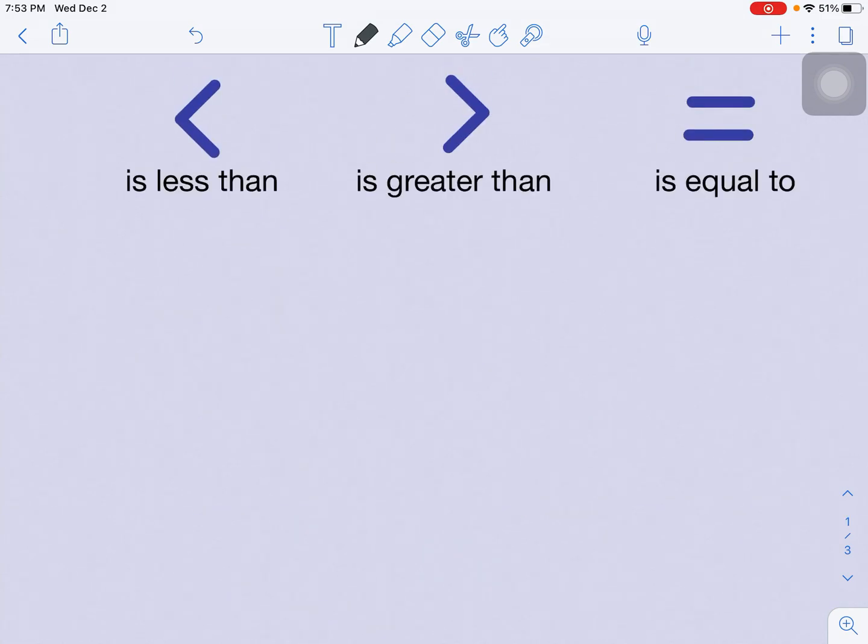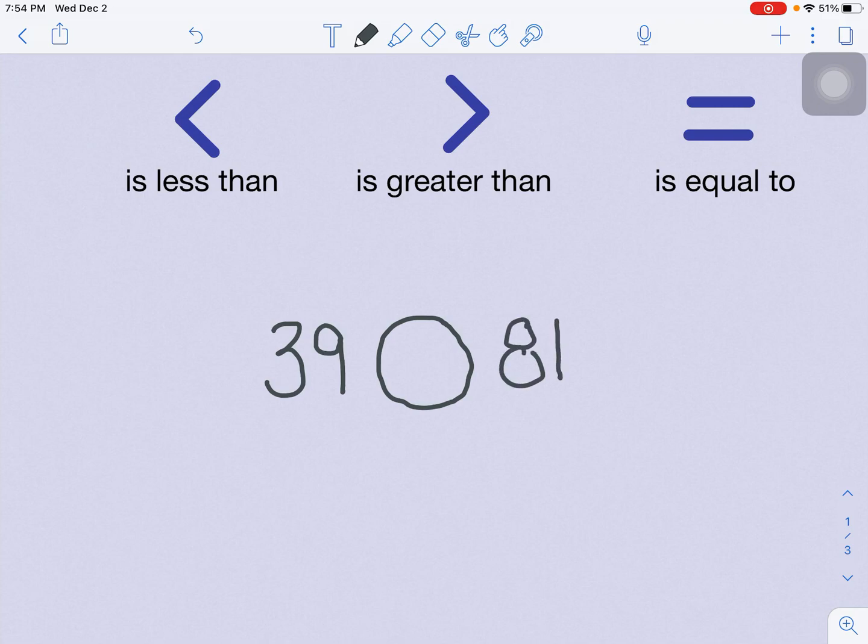All right, so let's go back up here and we're going to start with our first example. I'd like you to write on your boards right now 39, and I'm going to put a big circle in here because that's what you're going to fill in, and 81. I'd like you to take a moment right now to decide, are you going to put the is less than sign, is greater than sign, or is equal to sign in there?